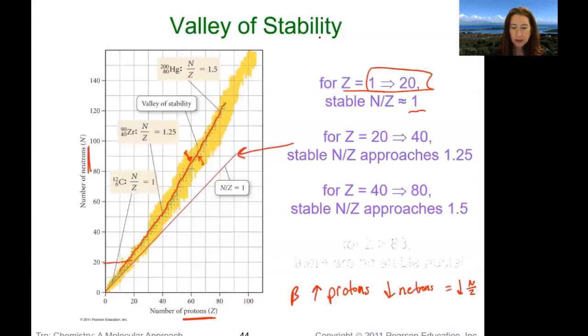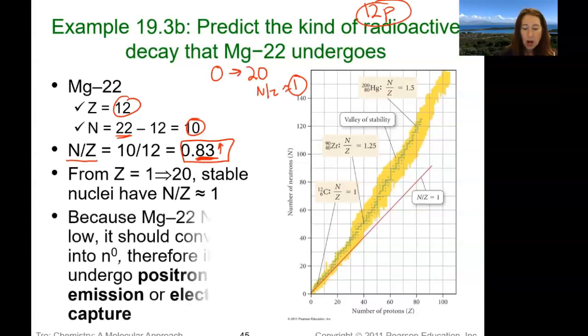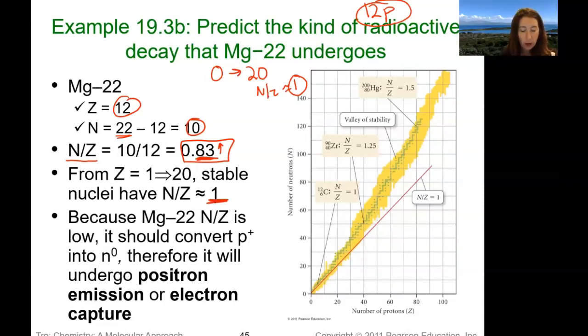Okay, so let's look at our magnesium again. Our stable ratio should be about 1, but we're at 0.83, so we're too low. Because it's low, we want to convert our protons into neutrons. So that's positron emission or electron capture.